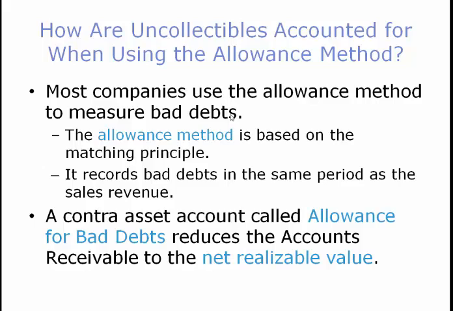And we're going to use a new account. It's a contra asset account called allowance for bad debts. And you might also see it as allowance for uncollectible accounts. It offsets, similar to how accumulated depreciation does for long-lived assets, the balance in accounts receivable, and you look at the accounts receivable and the net realizable value.